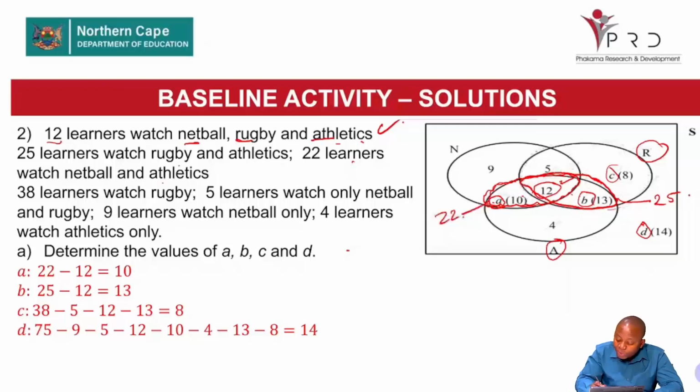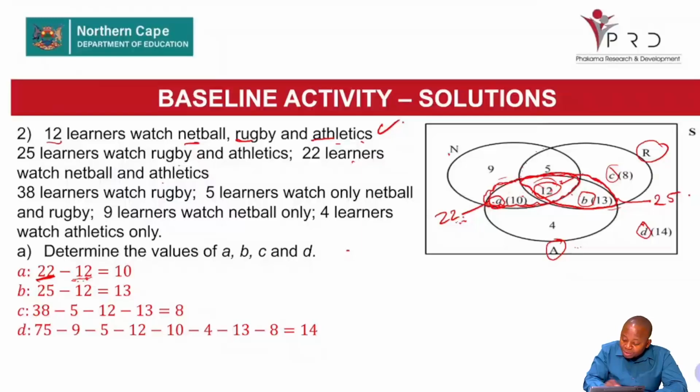A is found on the intersection between netball and athletics. That is to say, for that intersection, the total must be 22. So we'll say 22 minus whatever is part of the intersection already. What part of the intersection is that? It's the 12 only. So we say 22 for the whole intersection minus the 12. The 12 is part of the 22 already.